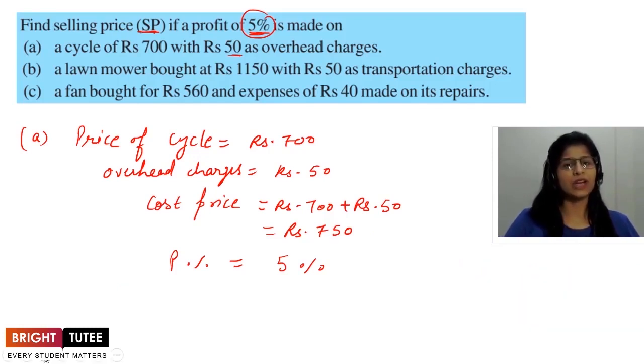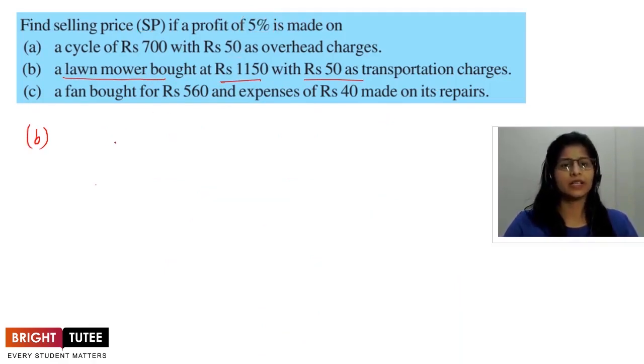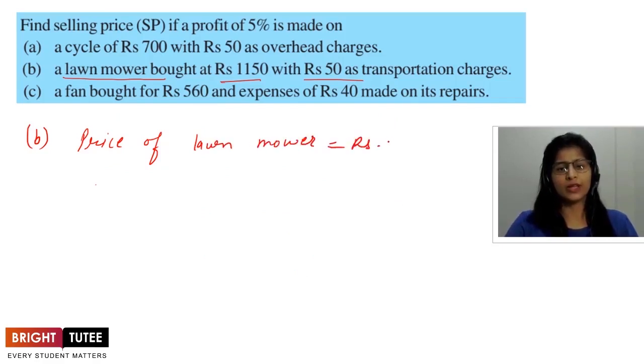So in B part, what are we given? We are given a lawn mower bought at rupees 1,150 with rupees 50 as the transportation charges. So in B part, we will write price of lawn mower is rupees 1150, and rupees 50 is the transportation charge.